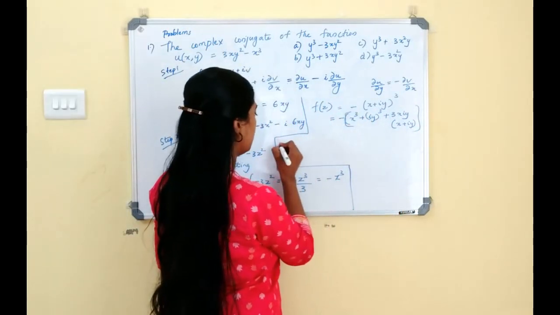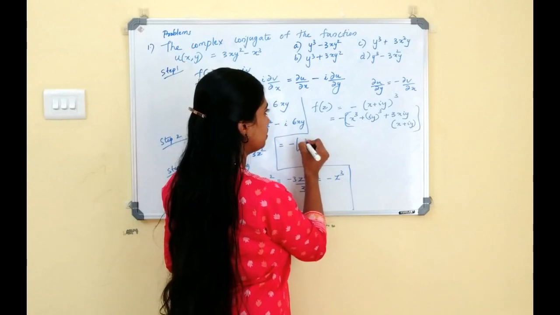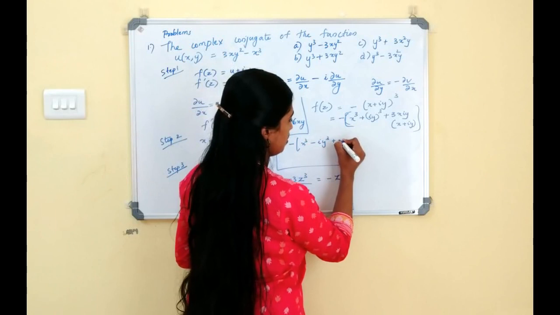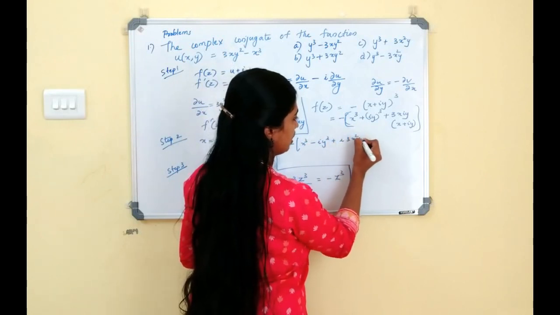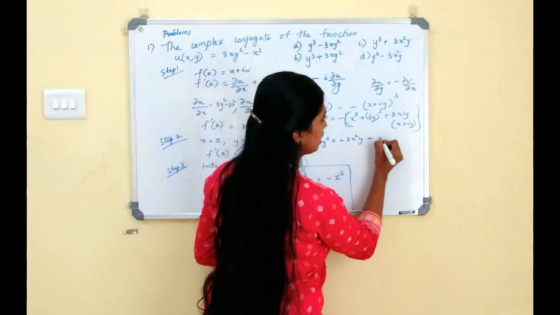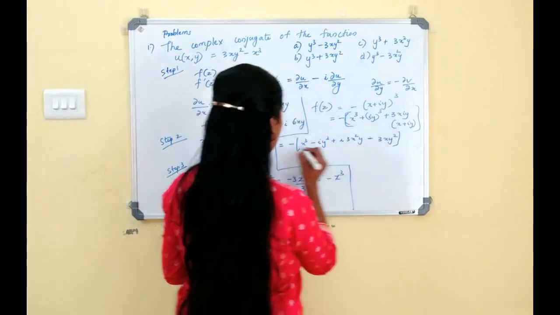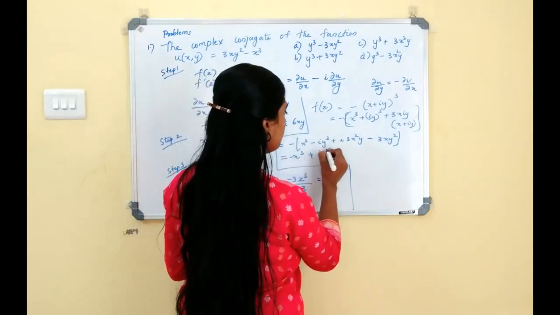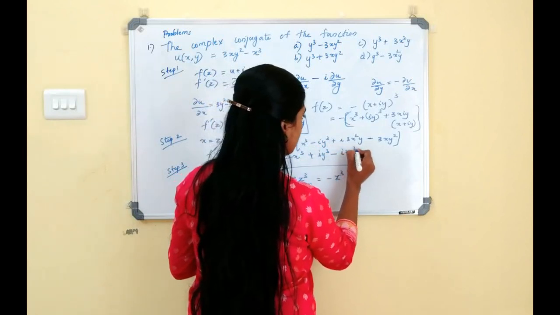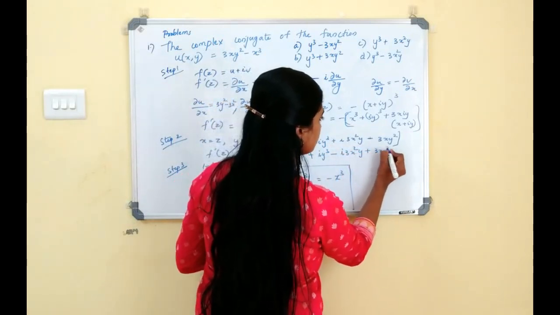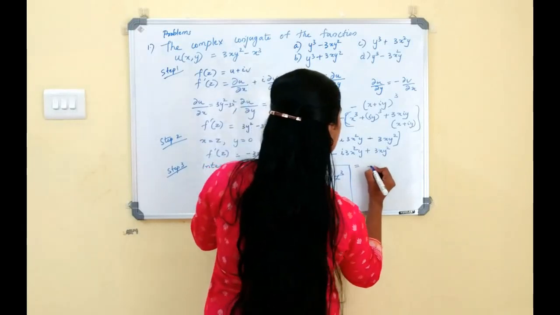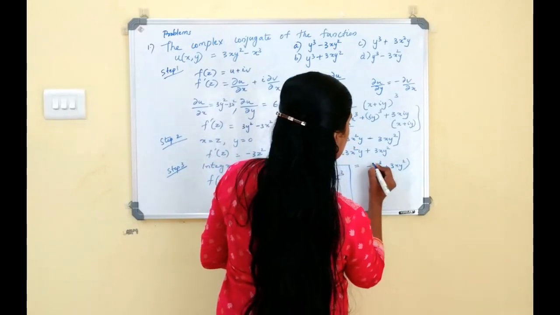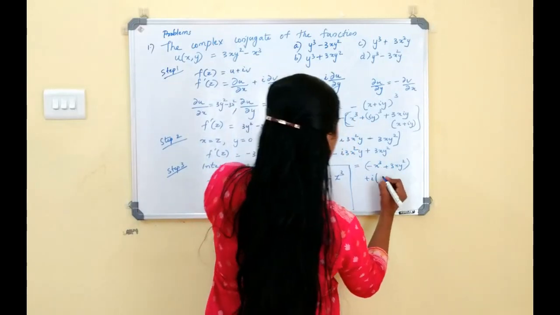That is equal to minus x cube minus i y cube plus i into 3x square y minus 3x y square. Opening the bracket, we will get minus x cube plus i y cube minus i 3x square y plus 3x y square. Then the real terms are minus x cube plus 3x y square, plus i into y cube minus 3x square y.